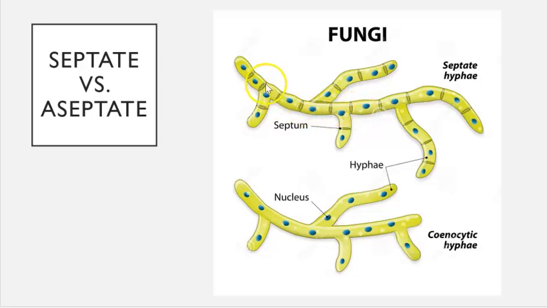Okay, so this is septate if it's divided up. If there's no separation, no cross walls, this is known as aseptate. But both of these structures, these finger-like structures, are both hyphae. It's just one is characterized as septate and the other is aseptate.